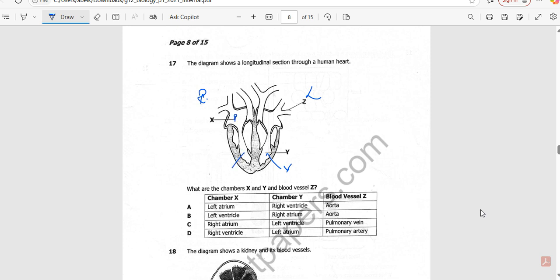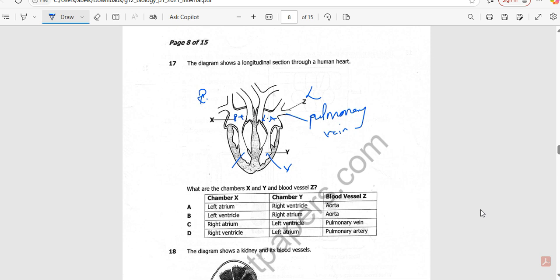Then you have the right atrium and the left atrium. This is the vein, which is called pulmonary vein, the vein which is able to carry oxygenated blood. Pulmonary is the word which is associated with the lungs.